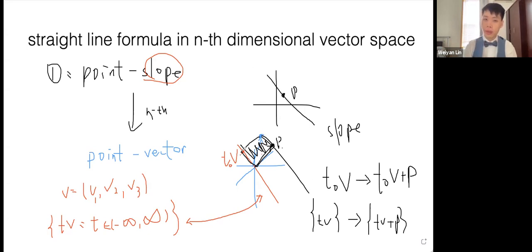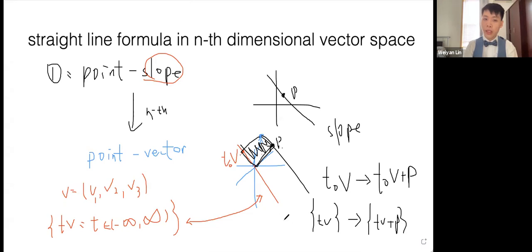In this case, we pick a vector v, and then we span it so that we not only get a vector, we get a whole line.